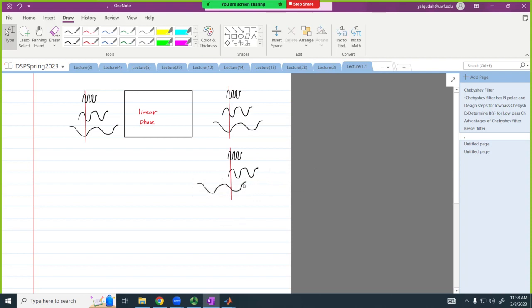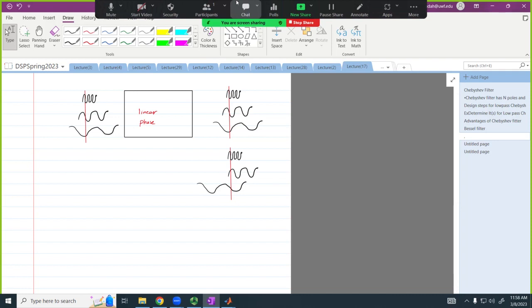So a linear phase means the group delay is a constant. If you input any sinusoidal signal or any frequency, it's going to be delayed by the same amount as any other sinusoidal signal, as any other frequency. If the phase is not linear, it means it's going to be delaying different frequencies differently. Together? Everybody? Is that clear? Okay.